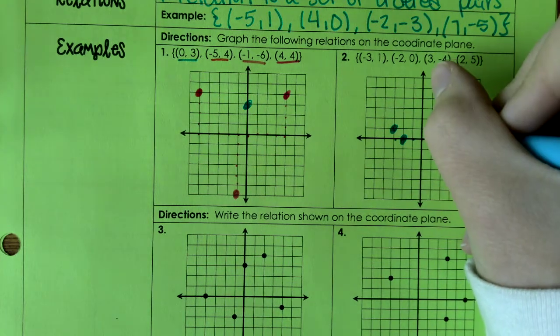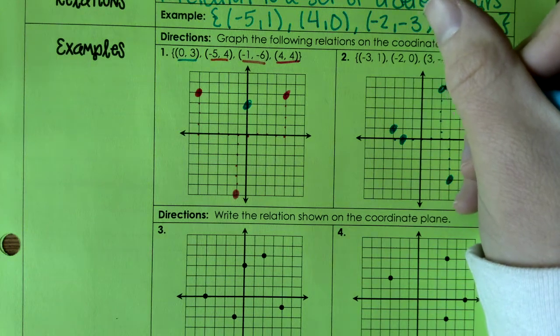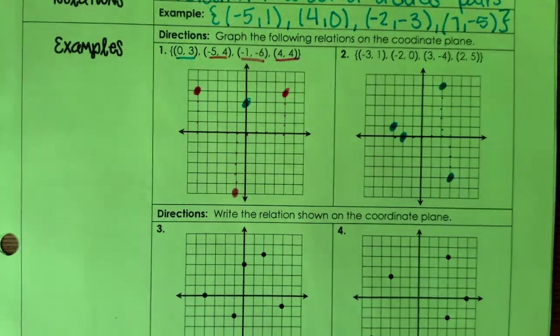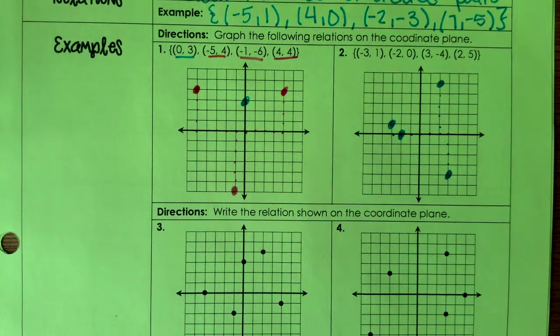And then (2, 5): 1, 2, 3, 4, 5. So as you can see, there's really no rhyme or reason for these ordered pairs, but it's a relation. They don't have to necessarily have a specific relationship to each other. All you're doing is graphing them.